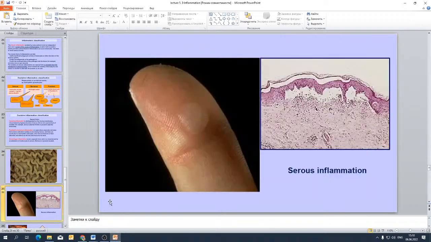Next picture, serous inflammation. This patient has burns, for example. Here you look at microslides with the skin, and you see few leukocytes, and exudate is present.